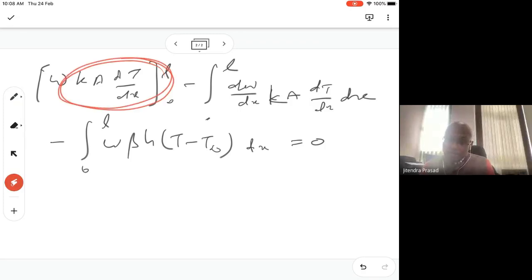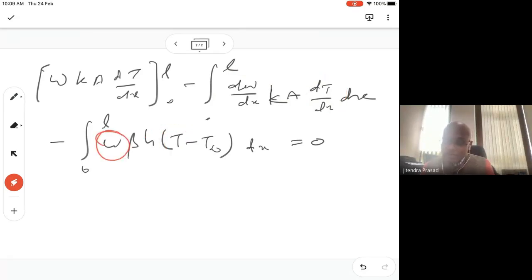Here, depending on the boundary condition you have to give here. The boundary condition is not given as such in this case, so this will remain like this. Here you have the derivative of W and T both. You can separate them out.